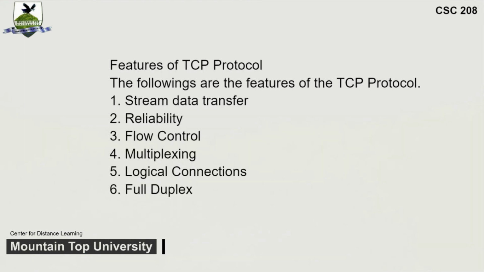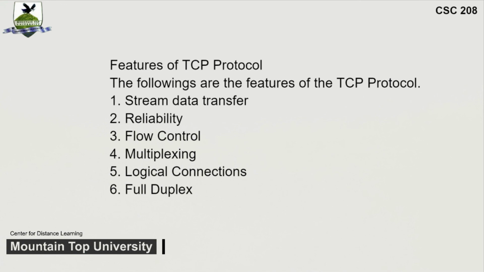Features of the TCP protocol. The following are the features of the TCP protocol. 1. Stream data transfer. 2. Reliability. 3. Flow control. 4. Multiplexing. 5. Logical connections. 6. Full duplex.